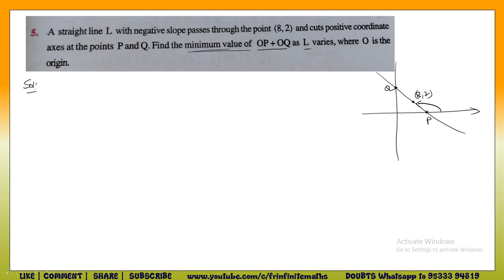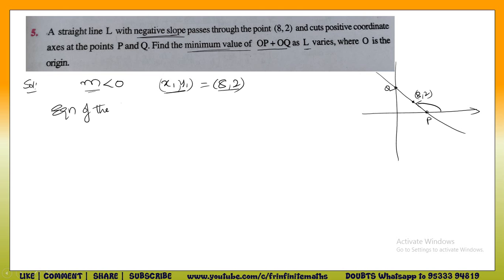So first of all, what he has given, negative slope, that means the slope is less than 0. So m is less than 0, and next he has given it is passing through a point x1, y1, which is nothing but 8, 2, right? When you have a point and a slope, you can make use of point slope form. By using that, we are going to write down the equation of this line.